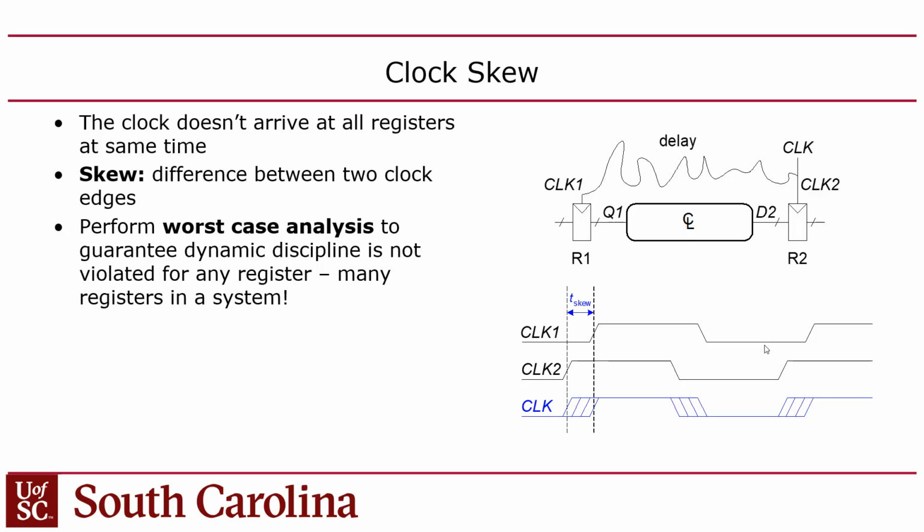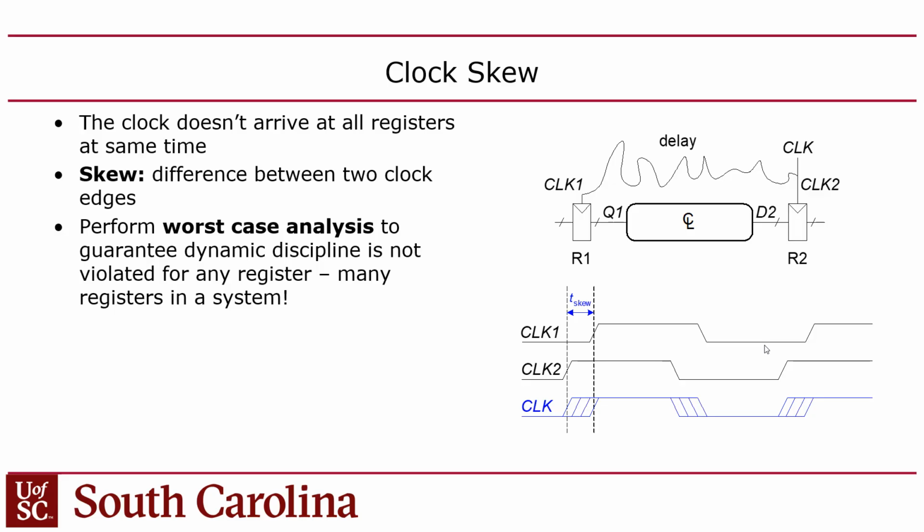Doesn't the setup time take too long? No, you have to account for the setup time. If you have the situation I just described, where the rising edge of the clock comes later at the source register than at the destination register, then that compresses the clock period, and it actually makes the setup time harder to meet, because you have less time.